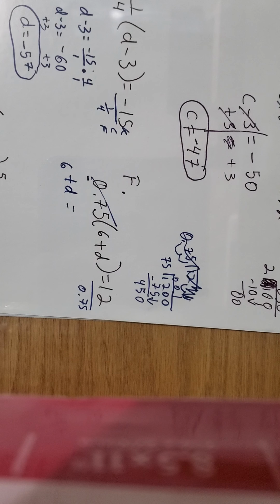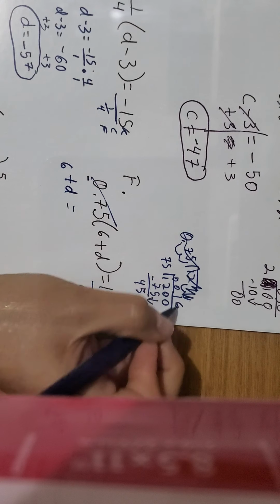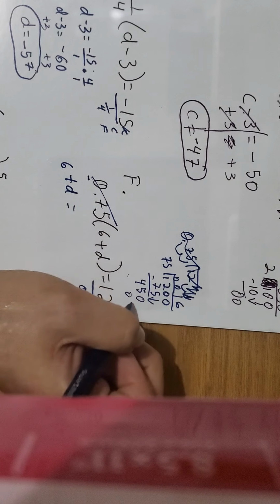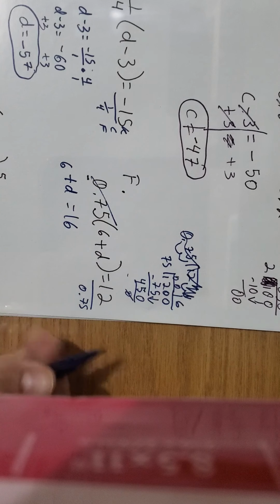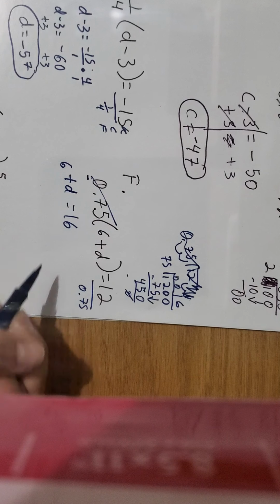I'm trying to figure out again how many times 75 goes into 450. So it actually fits 6 times. And you're left with 0. Okay, so 16. So right here is 16. 12 divided by 0.75 is 16.